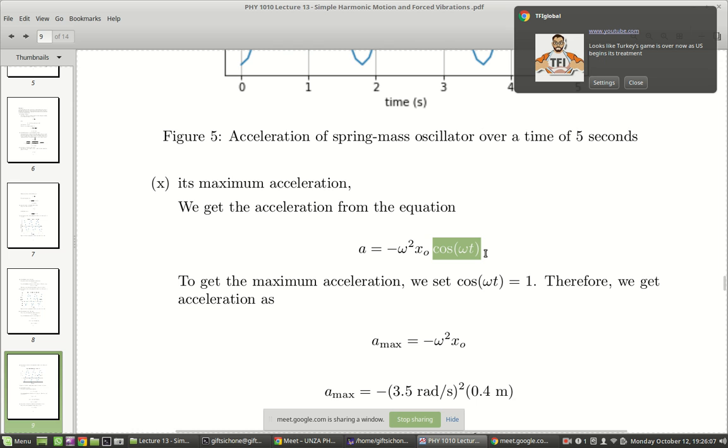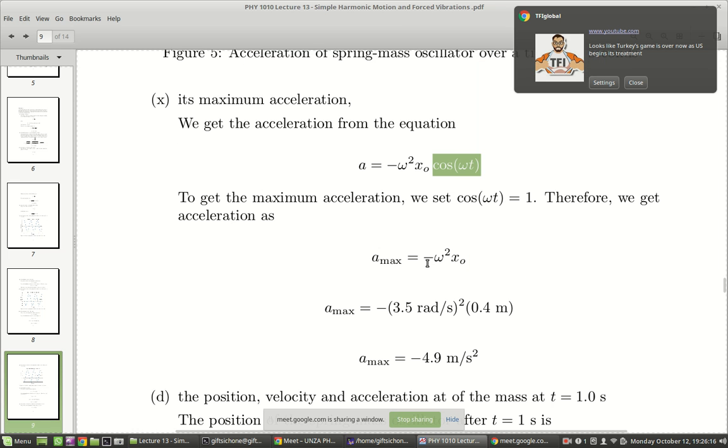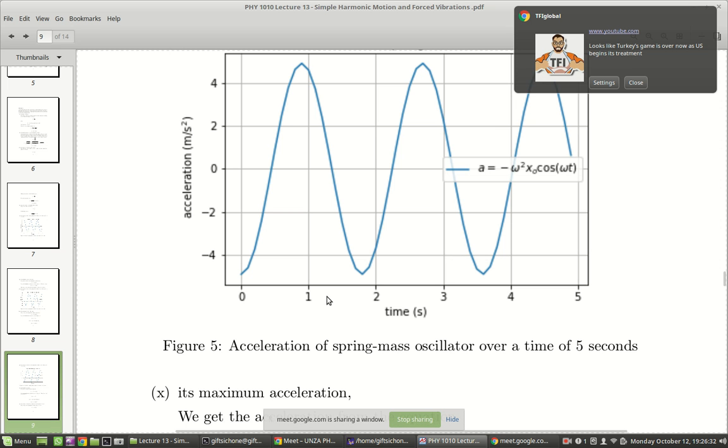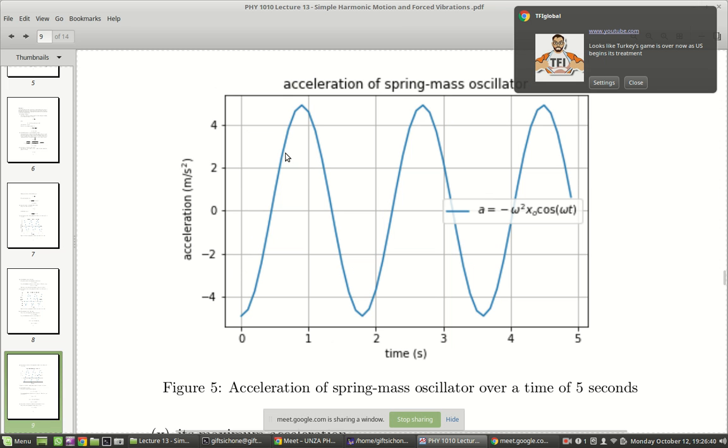Now, the one thing you notice here is that there's maximum acceleration at 0, somewhere close to 1, and near the end of 2. The maximum acceleration corresponds to positions of maximum displacement.